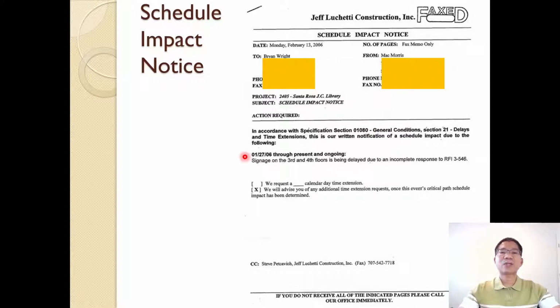January 27, 2006 through present and ongoing, the signage of the third and fourth floor is being delayed due to incomplete response to RFI number 3546. So you can see the notice and why they gave notice, so the other parties involved know what's going on, and they are also aware they may have implications for cost and schedule.